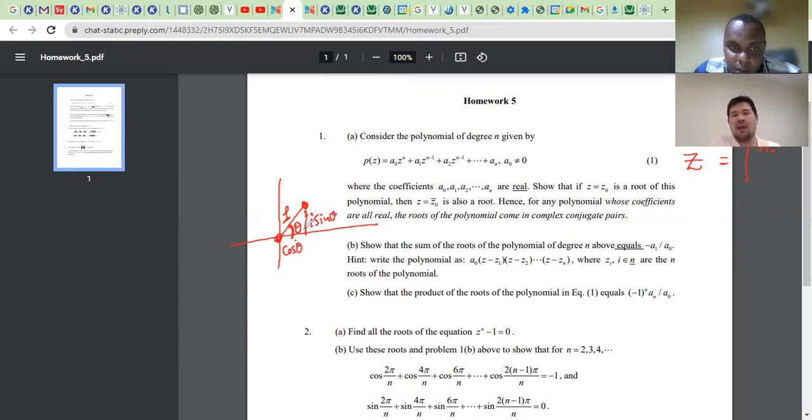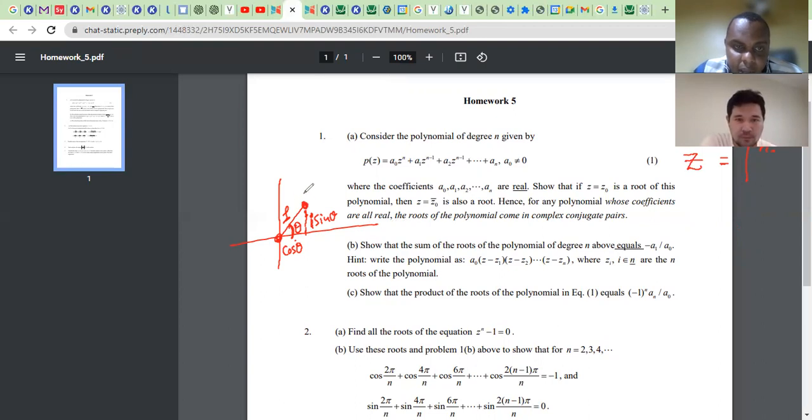So this is going to be cos theta plus i sine theta. So this complex number is cos theta plus i sine theta, right?